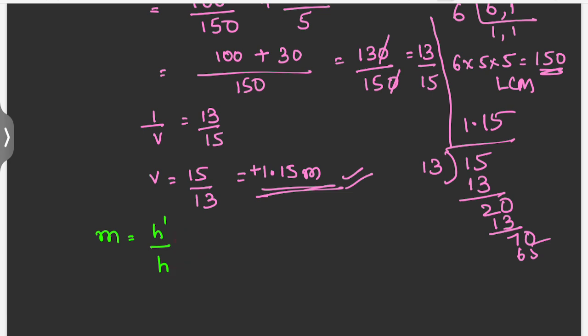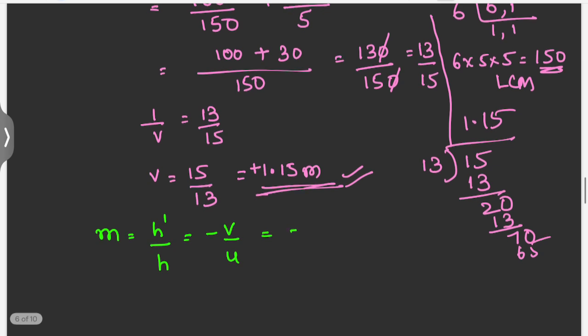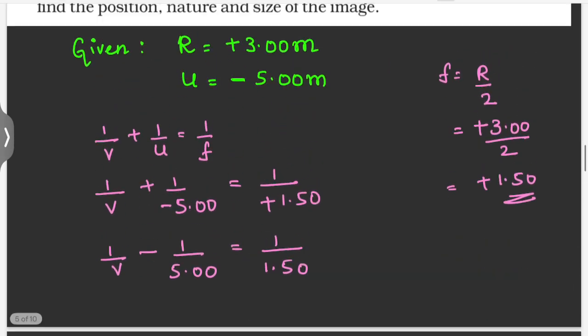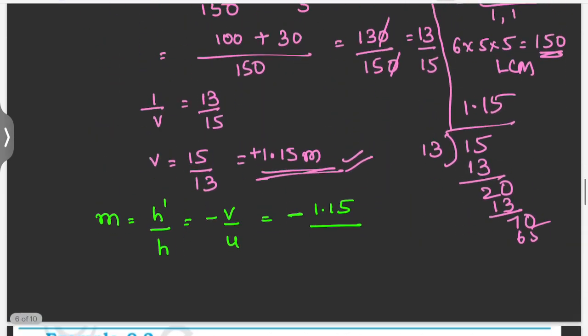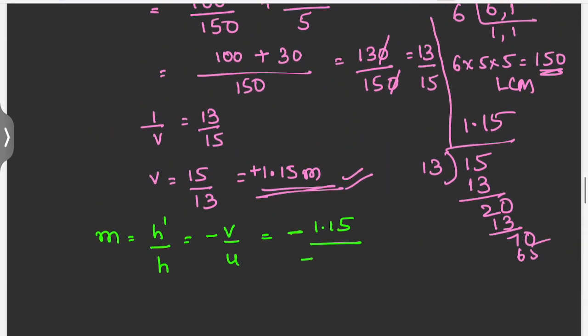So another formula we have is M is equal to minus V divided by U. Now we can use this formula. The V value we have just calculated as 1.15, divided by the U value. What is the U value here? U is minus 5. So here we can write minus 5. Minus and minus will get cancelled.